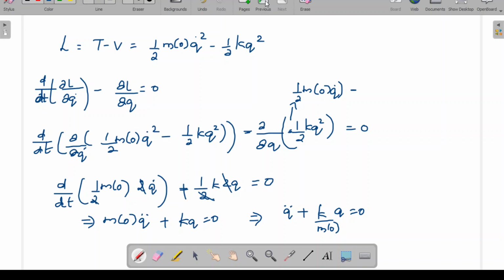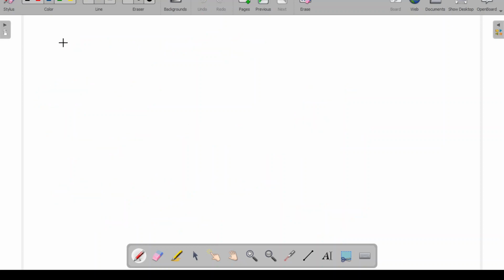As you are all familiar with this expression, this term k by m is mostly considered as omega square. So I can write this expression as q double dot plus omega square q, substituting omega square for k by m, is equal to 0. Now this is the equation of motion which we got for the one-dimensional harmonic oscillator.